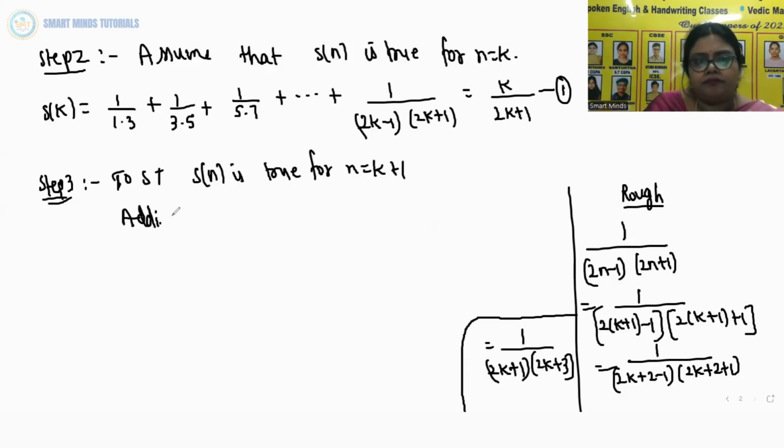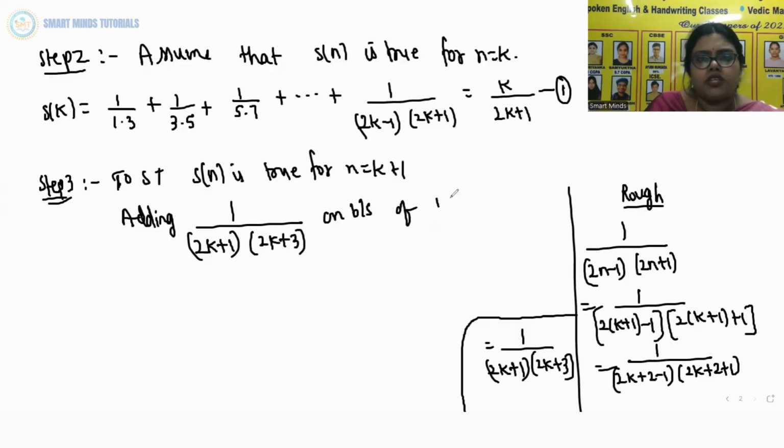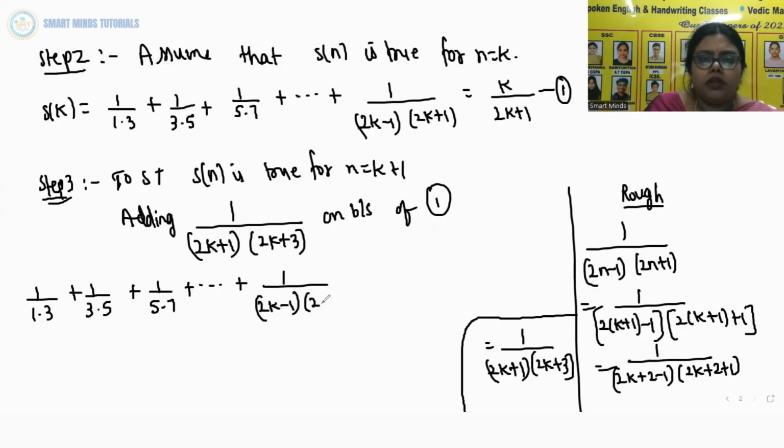So adding 1 by 2k plus 1 into 2k plus 3 on both sides of equation number 1. So what do we get here? 1 by 1 into 3 plus 1 by 3 into 5 plus 1 by 5 into 7 plus so on up to 1 by 2k minus 1 into 2k plus 1 plus 1 by 2k plus 1 into 2k plus 3.